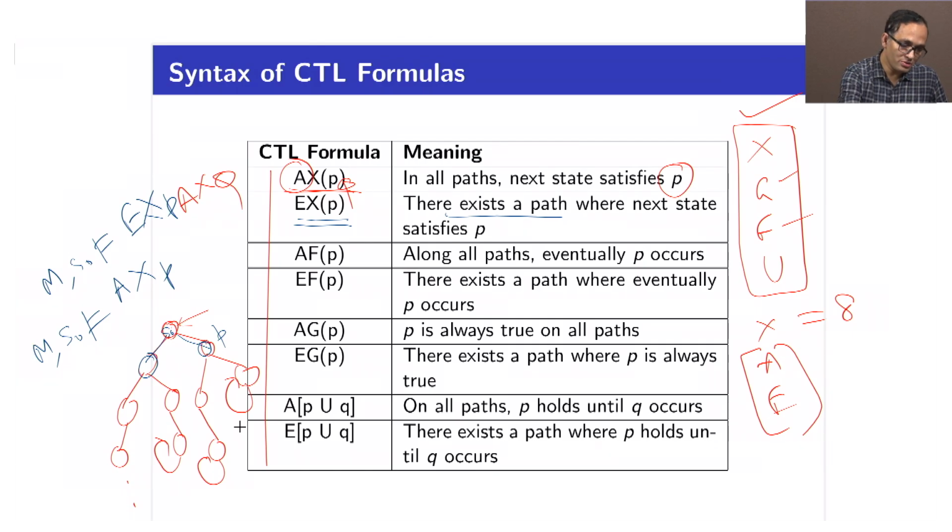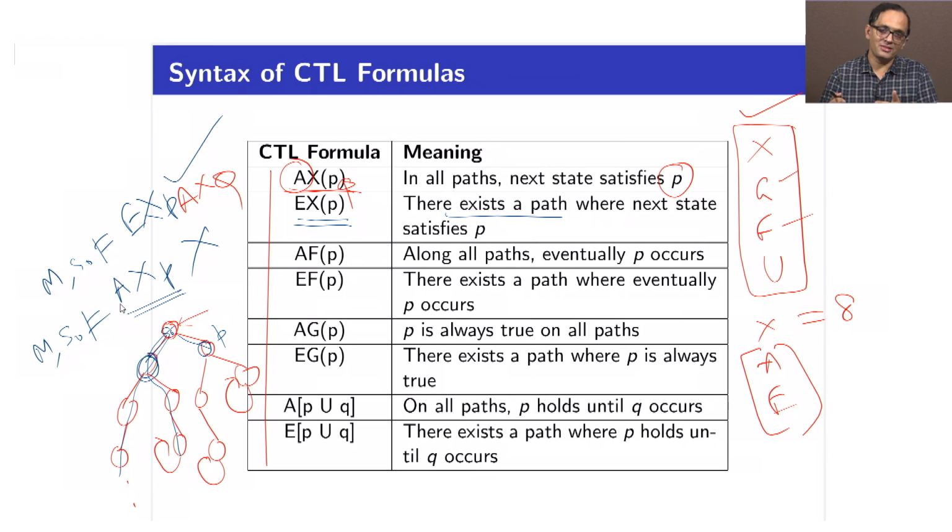In that case this holds, but AX P does not hold, because it is not that in all paths in the next state P holds. There is some path going through this node, this node, and in that case next state P does not hold. Okay, I hope you understood.